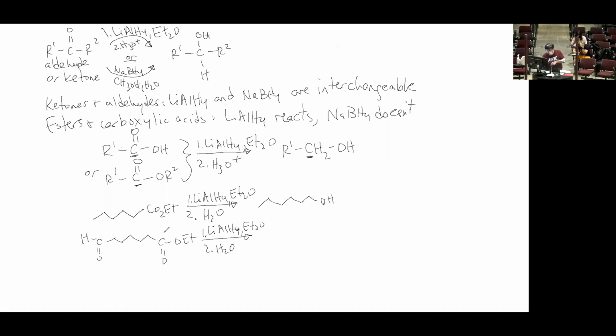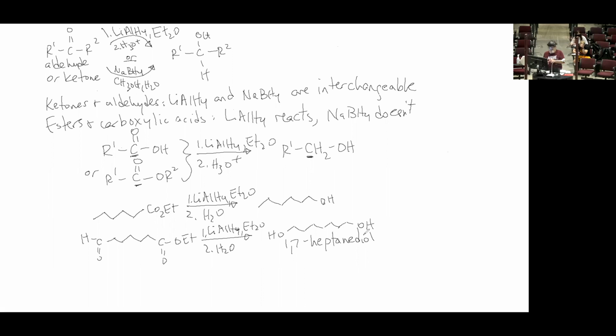And yes, generally we do use an excess of LAH, not to mention, by the way, that even if you use just one equivalent, you've essentially got 4 equivalents of H minus. Same thing for sodium borohydride. So you've generally got an excess of the hydride ion built in to this reaction. And then we'll do an aqueous or aqueous acid workup.